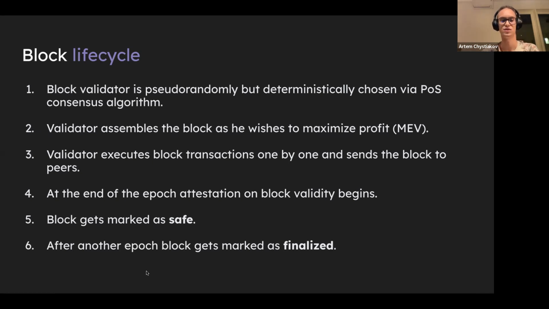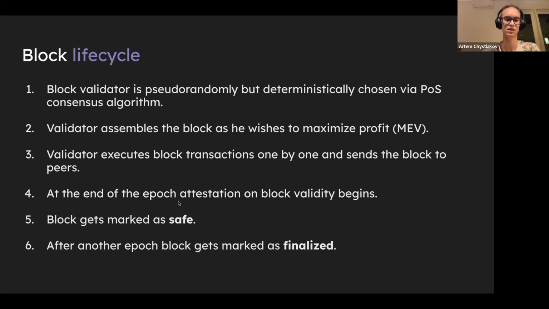At this stage, pretty much no one and never can change the history of Ethereum. Why? Because the block gets marked as safe when it receives 2/3 of attestations in favor. So every validator has to attest, and if they don't, then they get slashed.